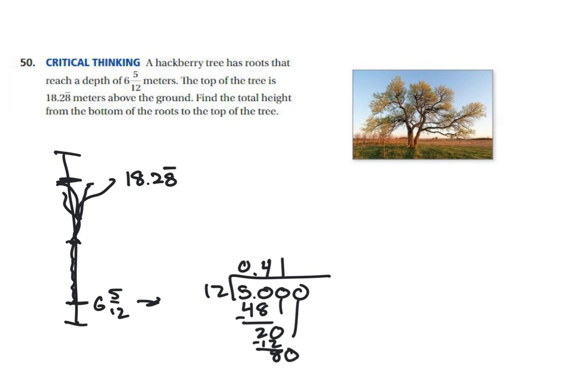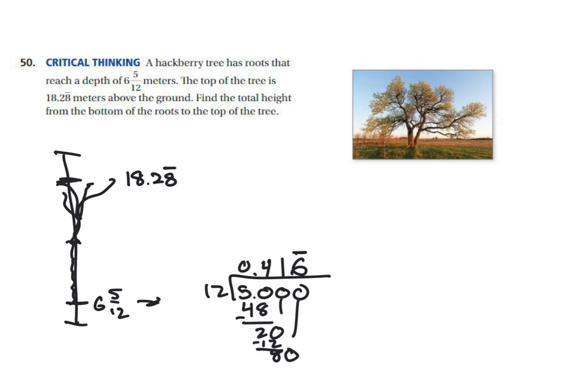Bring down a 0. Twelve goes into 80 6 times. 6 times 12 is 72. Okay, and that's going to end up repeating.